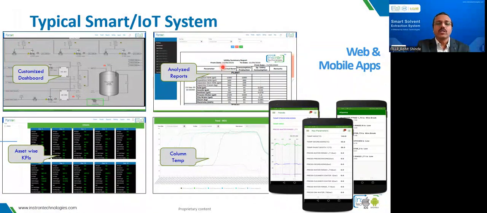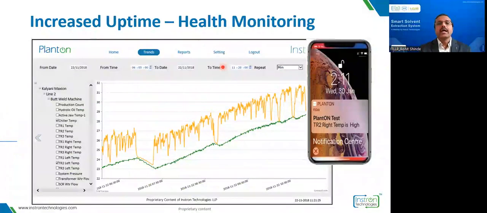One more important parameter is that management wants on-the-go per unit production cost. We have supplied our clients solutions where they can get on-the-go per unit production cost, which includes all the raw material consumption, the utility consumption, and different parameters, and on one click they can find out these things. Another important thing is health monitoring of the critical components or instruments.